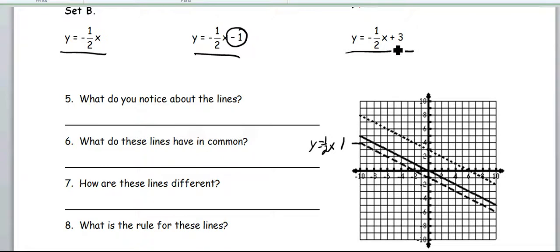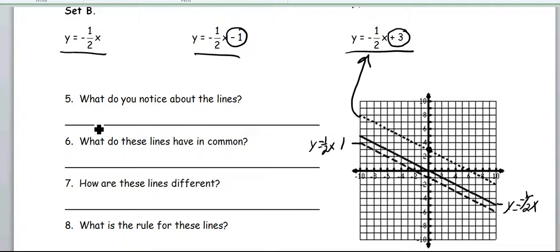Well, the coefficient on that is 3. The coefficient on that is -1. This does not have a coefficient, so that means this one is just y equals -1/2 x. And then we look at this one here. Where does it cross? It crosses right here at +3. Well, look, here we have a +3. So I know that this equation goes to that line.